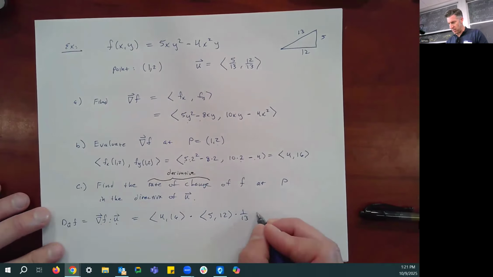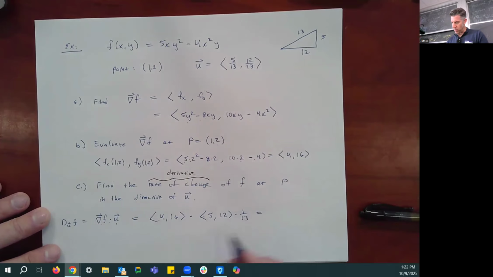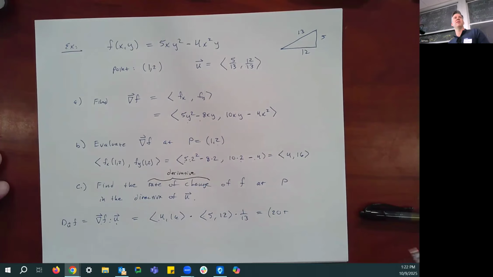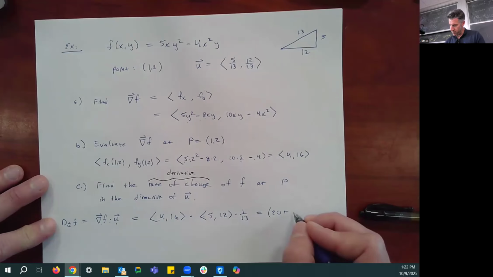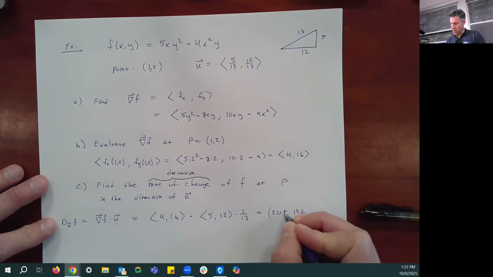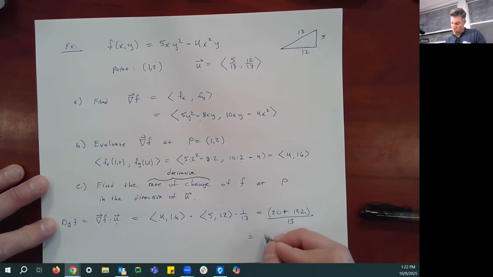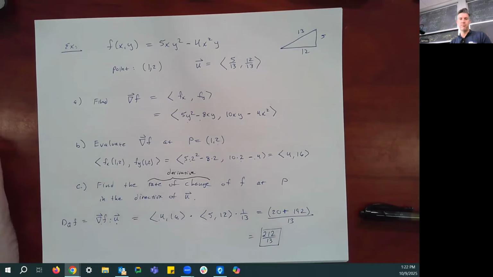Dotting these together, we get 4 times 5, which is 20, plus 16 times 12, which is 192. 10 times 16 is 160, 2 times 16 is 32, 160 plus 32, yep, 192. Then divided by 13. So we're going to end up with 212 over 13. Cool.